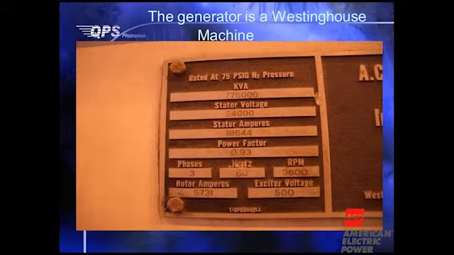Now, the particular generator involved is a large one. It is built by Westinghouse, about 34 years old, and is about 780 megawatts. And since it is a very large coal-fired generator, it needs to be hydrogen cooled.